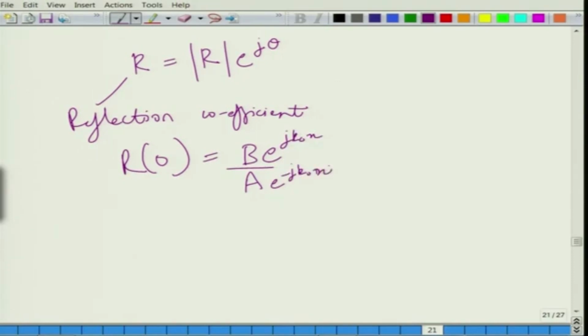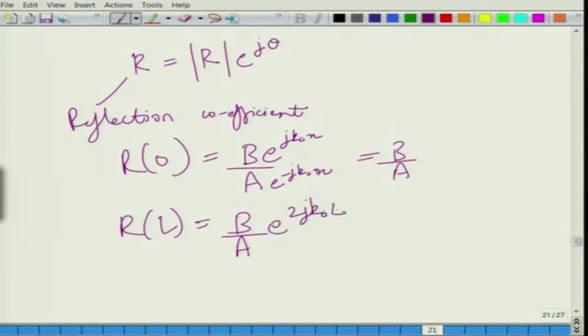If you put x equal to 0, you get B by A, and at L we get e to the power 2 j k naught L.